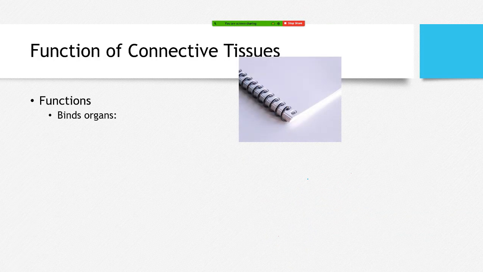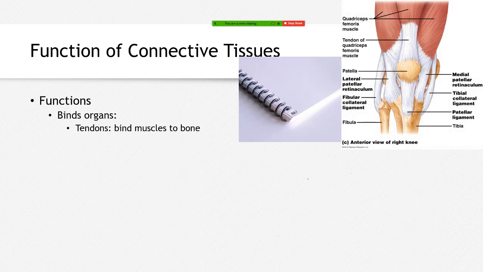Let's take a look at some of the functions now. Like the name implies, connective tissue binds the organs together. Here's one example, the tendons. Tendons are cord-like structures that bind a muscle to a bone.